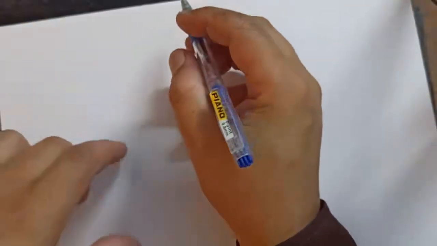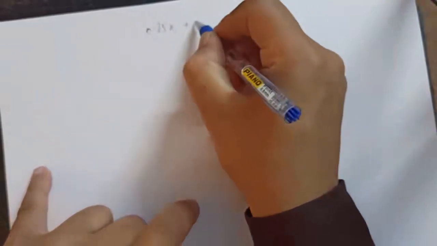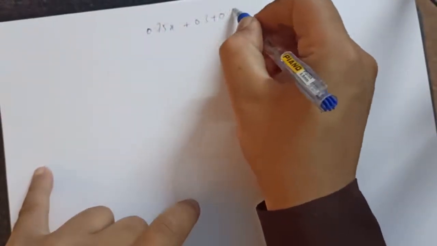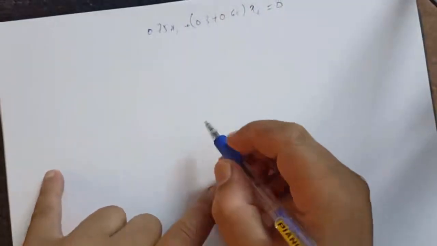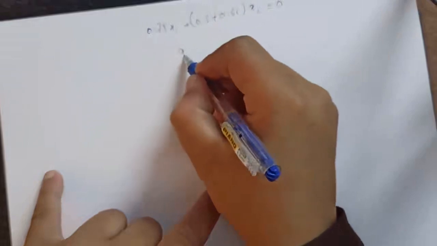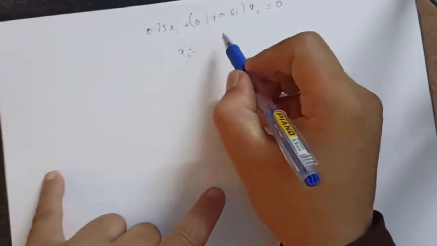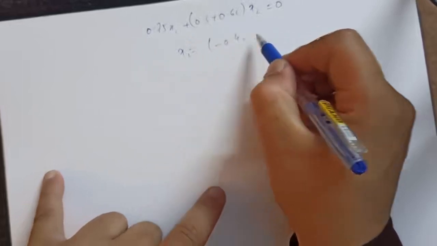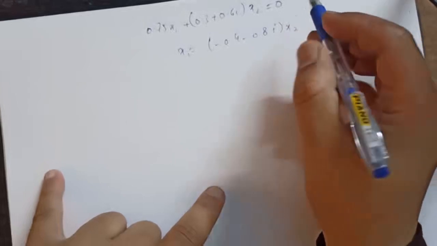Now if I use the second equation here, which is 0.7 x1 plus 0.3 plus 0.6 iota into x2 equals 0, right? So it means x1 can be written as, if I shift it over here, minus 0.4 minus 0.8 iota into x2.